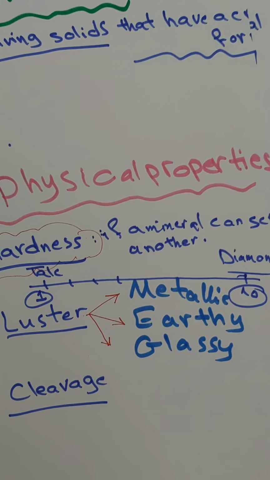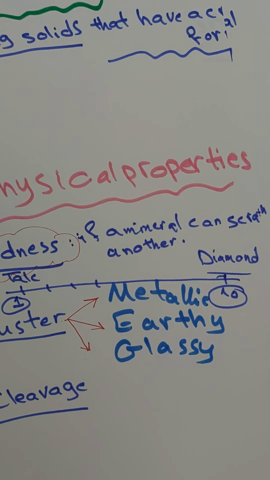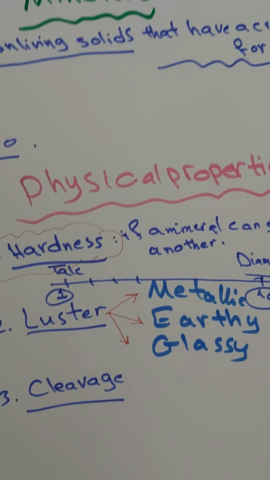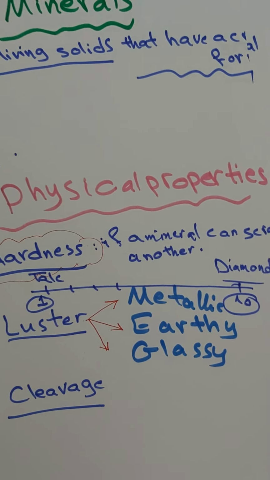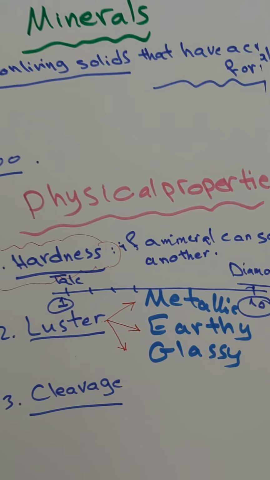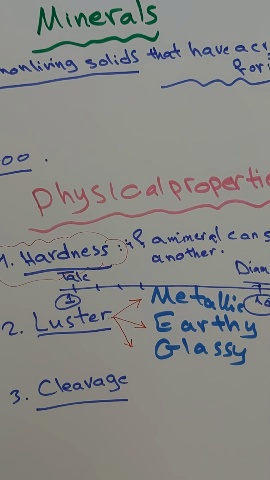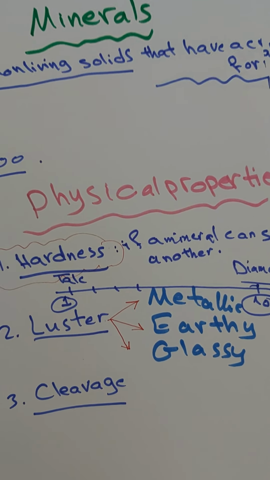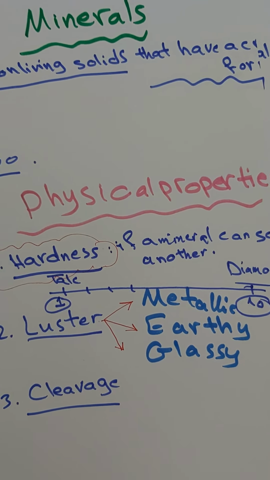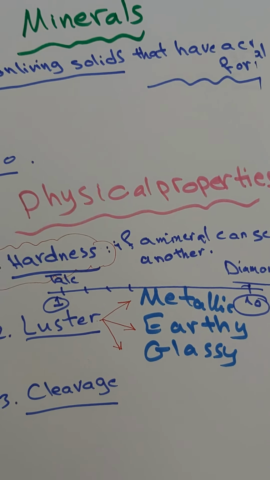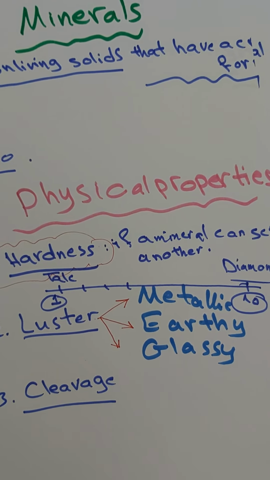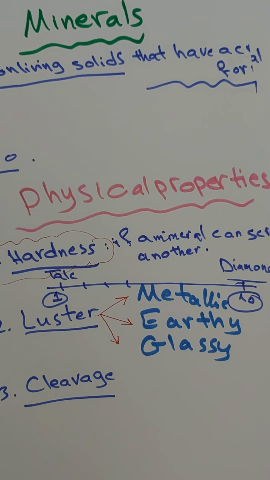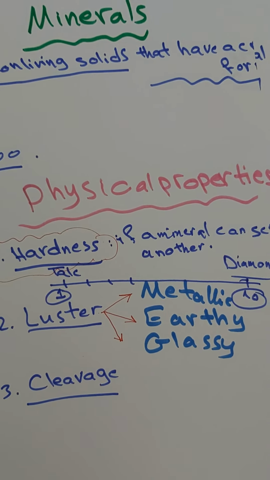Without any brightness, earthy. Like glass, glassy. Okay? So the second physical property of minerals is luster, and we said luster means the brightness of this mineral, or it tells you about the reflection of light. So if the reflection is so high, it will appear very bright, like metallic minerals.